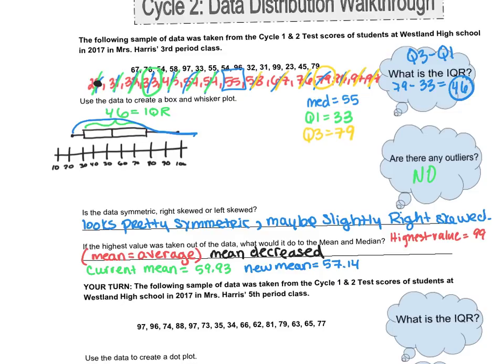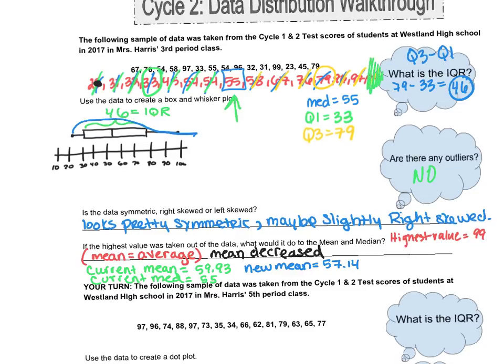The median, I want you to kind of visualize this whole list of data, and it's from least to greatest. If I take off that biggest number, I kind of have to shift. My middle is going to shift to the left a little bit. It's going to shift down as well. So I found my current median. And my current median is 55, and we already saw that way up here when we did our box and whisker plot.